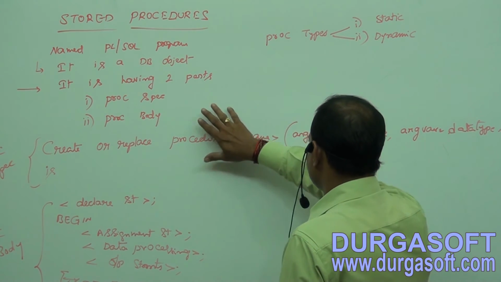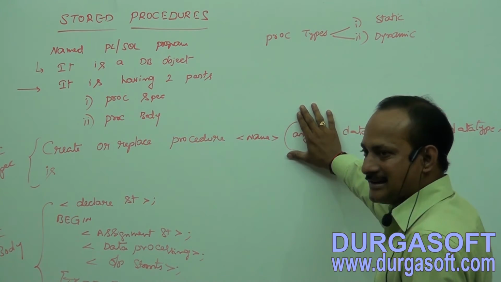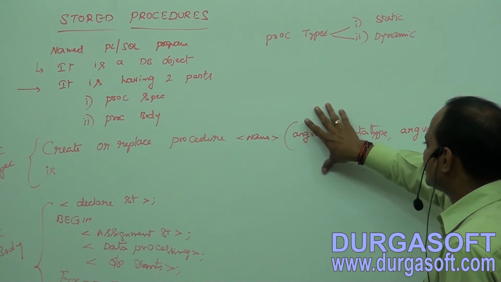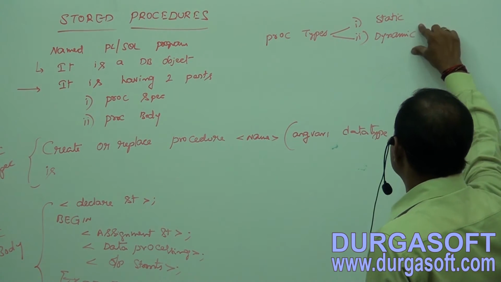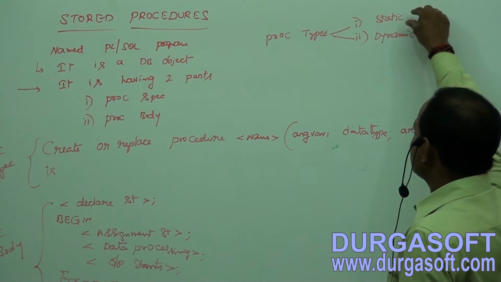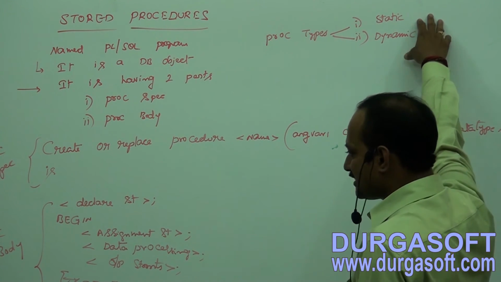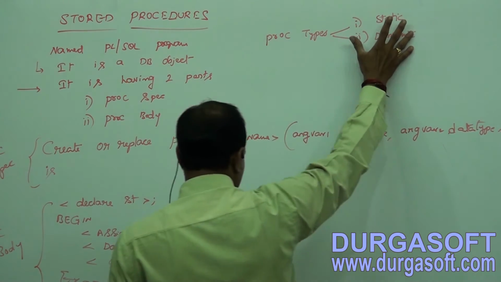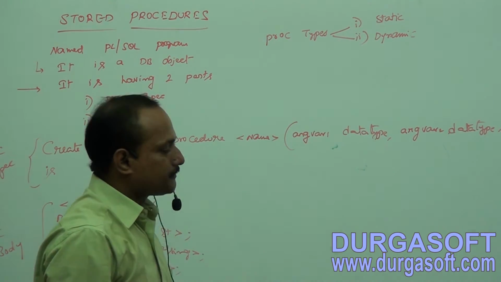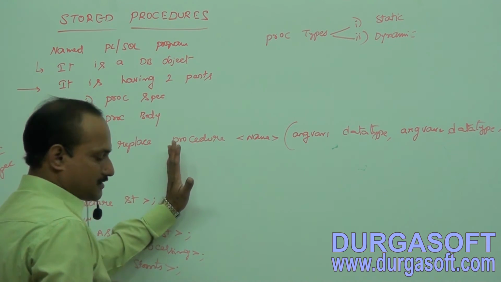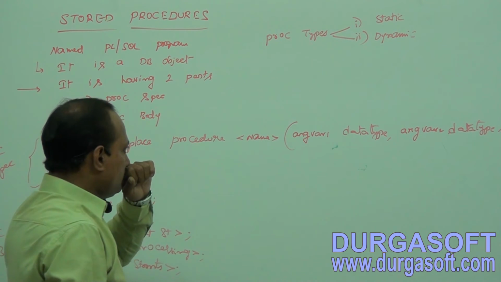A procedure without an argument list is known as a static procedure. A procedure with arguments is known as a dynamic procedure. A static procedure always generates the same output. A dynamic procedure generates different outputs for different input values. This is about procedures.